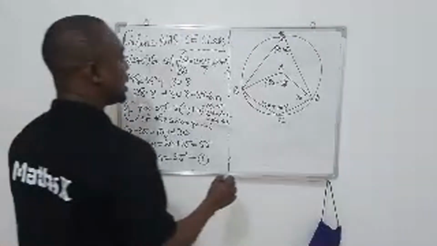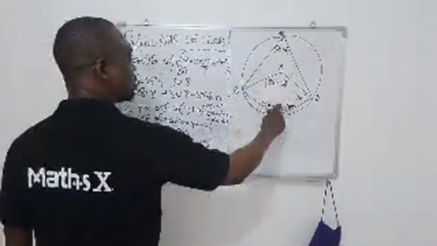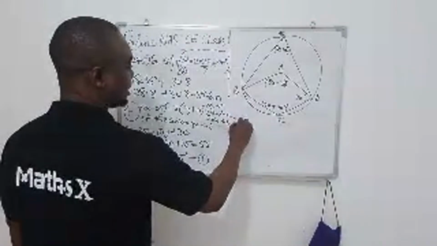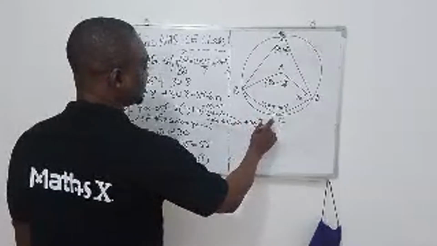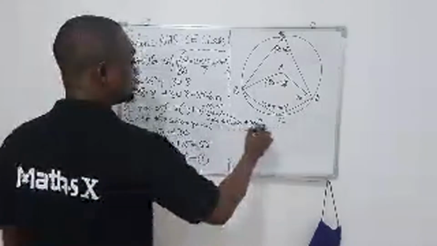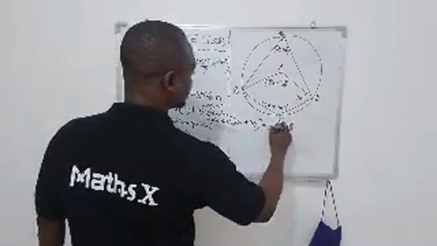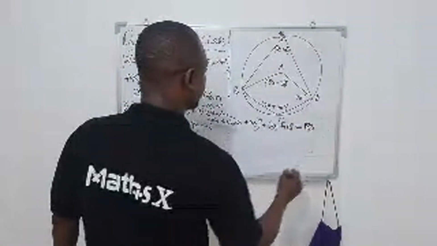Also, I want you to know that opposite angles of a cyclic quadrilateral are supplementary. So that 2x plus 40 degrees plus 2y plus 10 degrees is equal to 180 degrees.